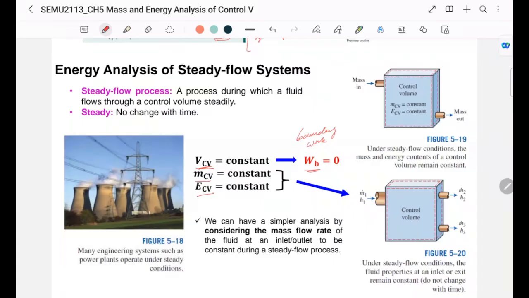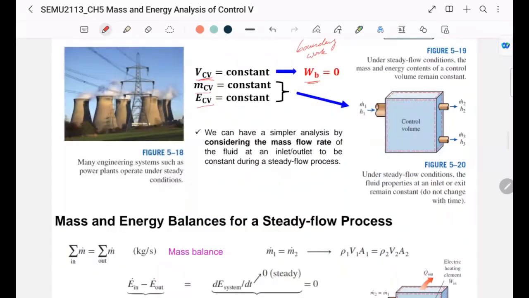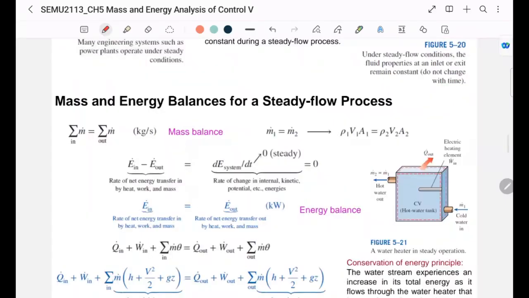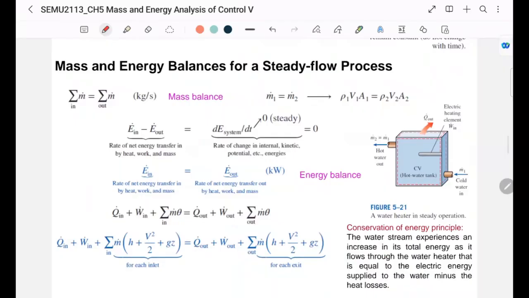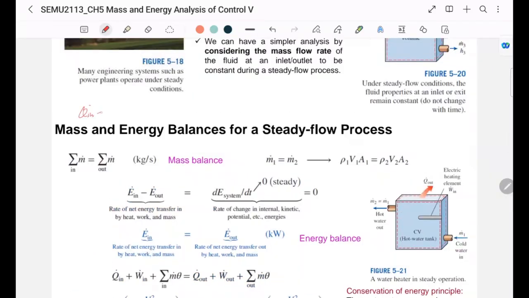Steady again is no change in time basically. So then the equation that we are applying here, pretty simple. It is still the energy balance.